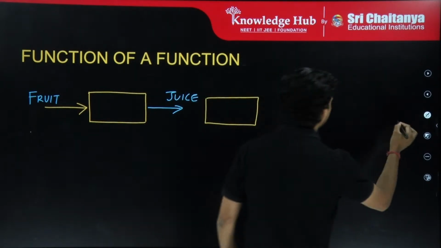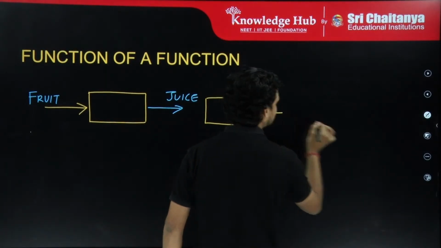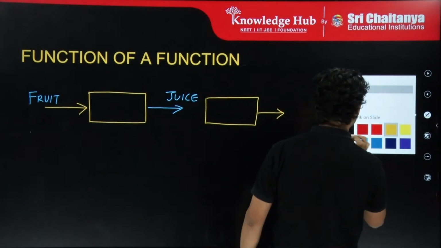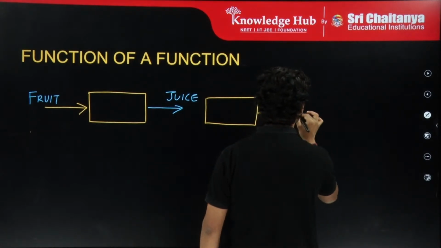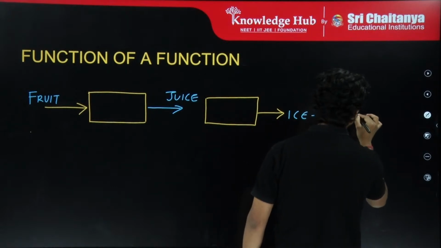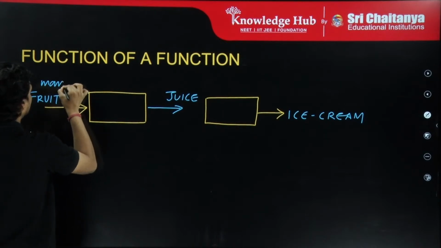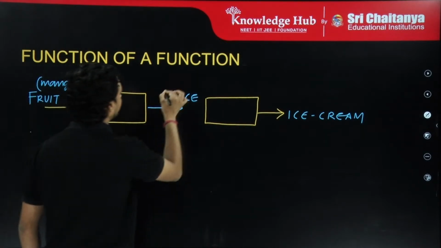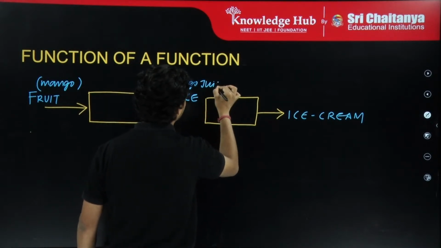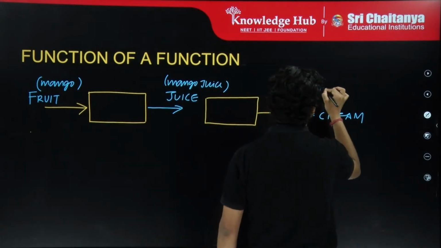So if I freeze that, I'll get some ice cream, an ice cream of that juice. So let's say my fruit here is mango, and I'll get a mango juice, and my output will be mango ice cream.